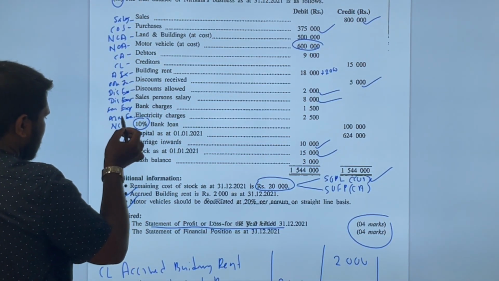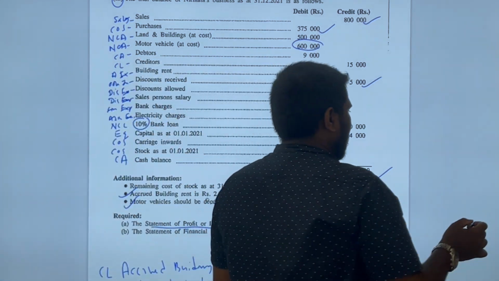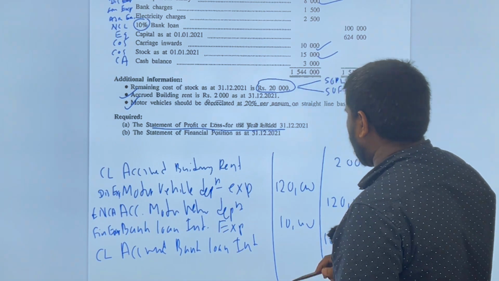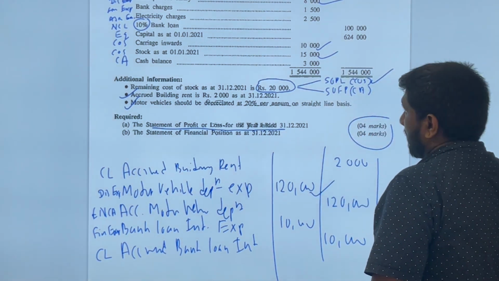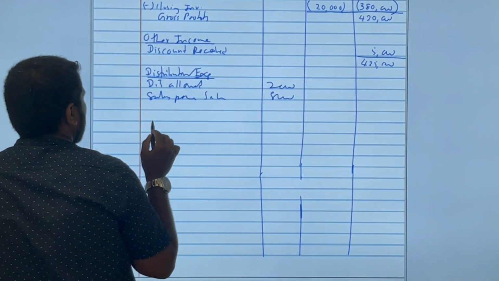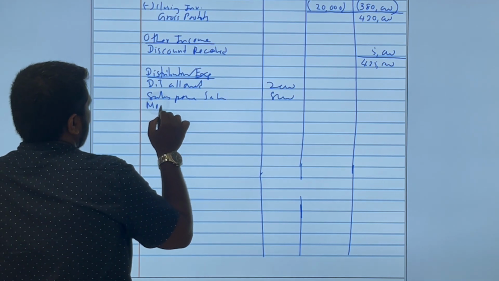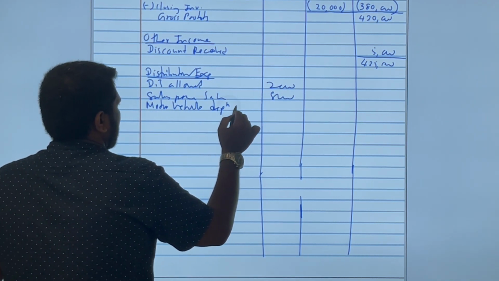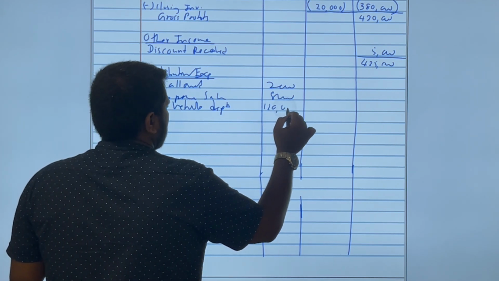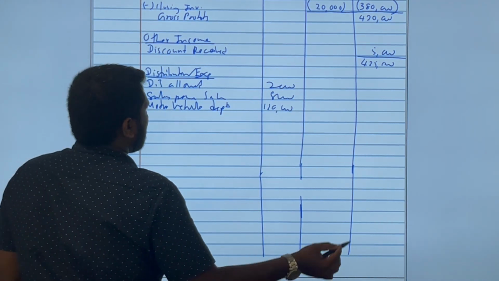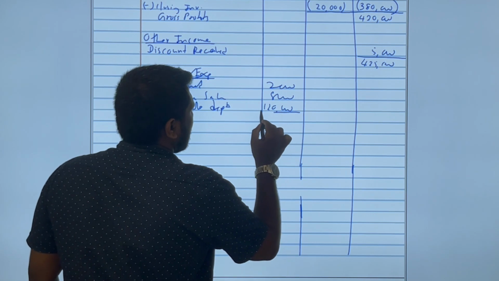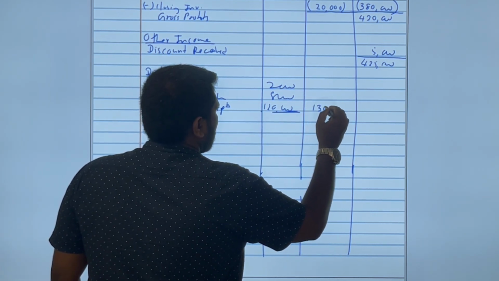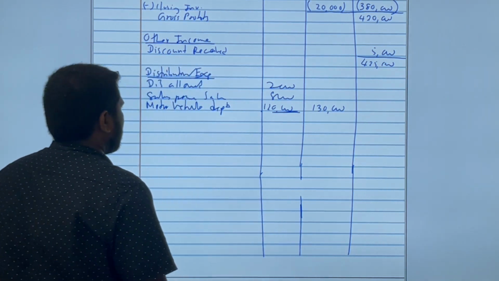Then what else distribution that we have? Yes, we have another one, motor vehicle depreciation 120,000. Then here you are getting a total value of 130,000.